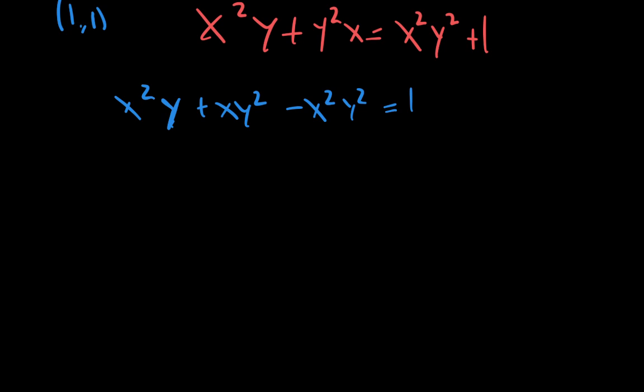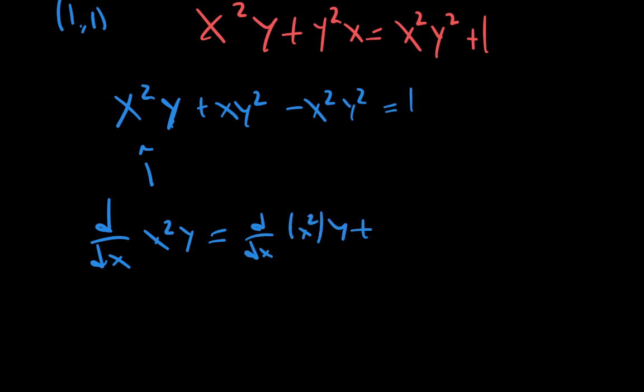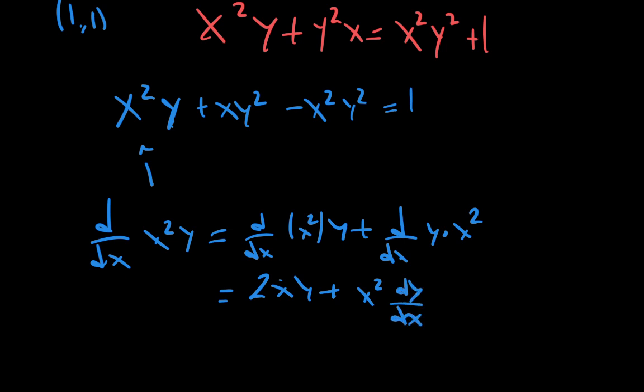Since we have a product of x's and y's now, this is going to be a product rule. So the derivative of x squared y is equal to the derivative of x squared times y plus the derivative of y times x squared. And this is just 2xy plus x squared dy/dx.